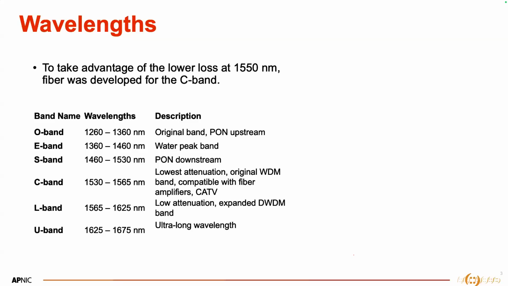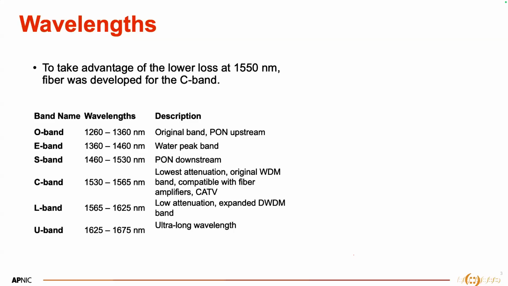Anand is asking, after C and L, which band is being considered for DWDM expansion and why? As I said earlier, U band. After C and L, you need to expand to U band, and that's the end of it. Once you are done using C and L band, the rest of the band is U band, which you can operate on. But again, that is going to be a very, very costly solution for you and a very rare one.